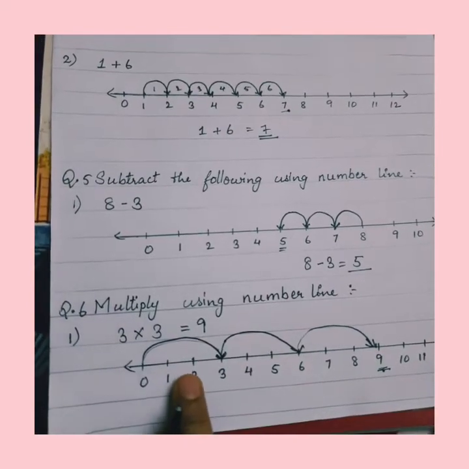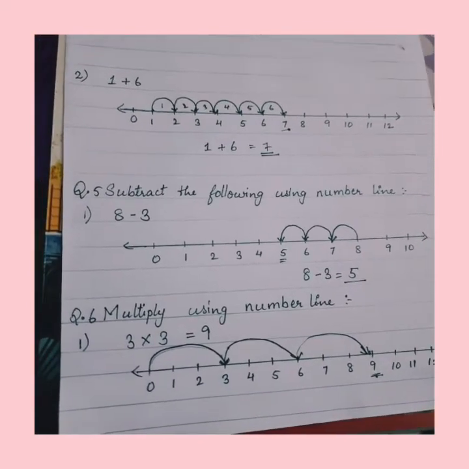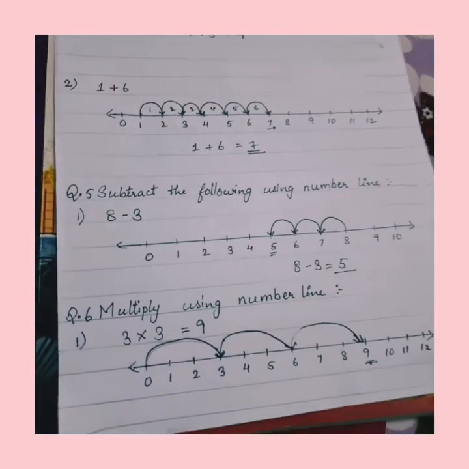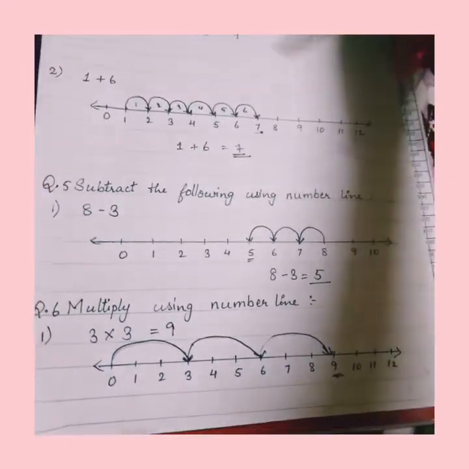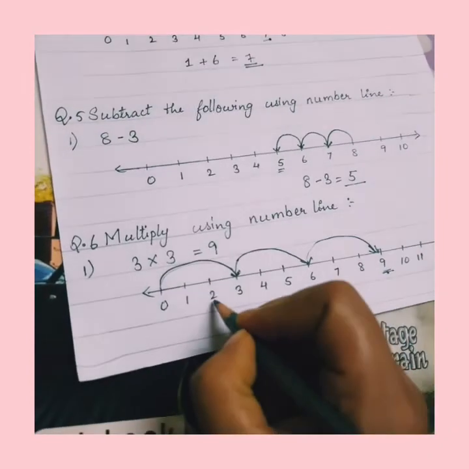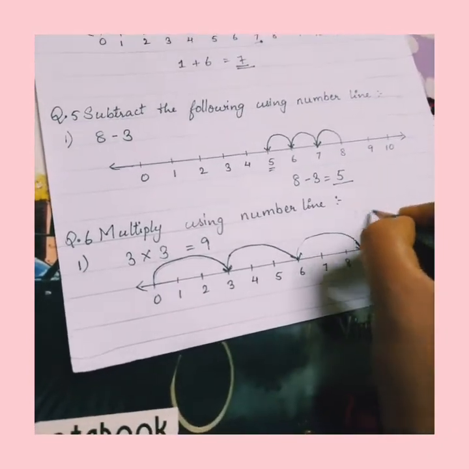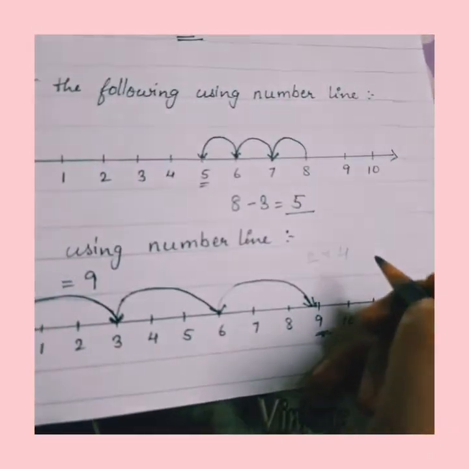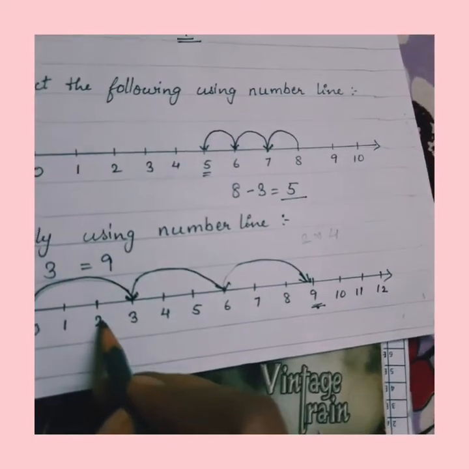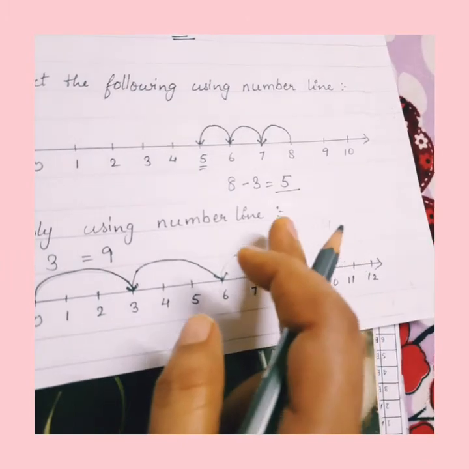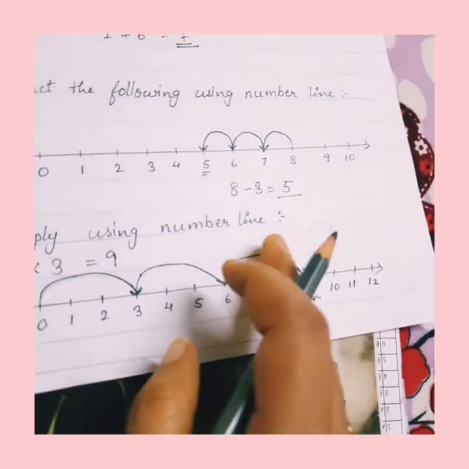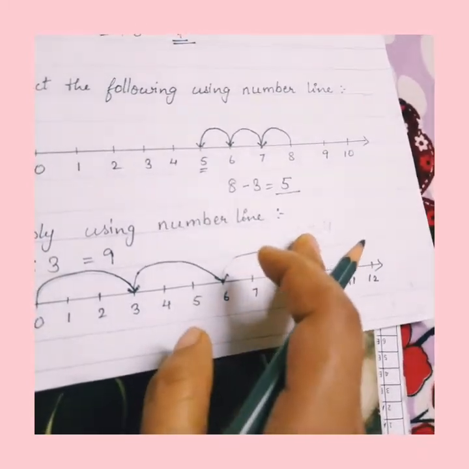Similarly, suppose the question is given as 2 multiplied by 4. That means we have to take the turns 4 times, of 2 steps each.